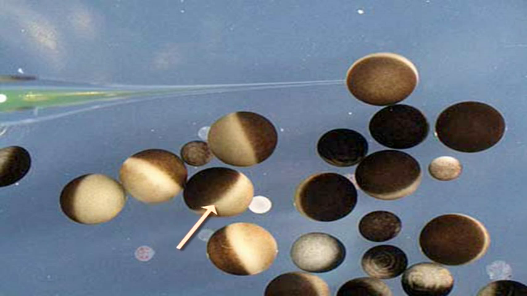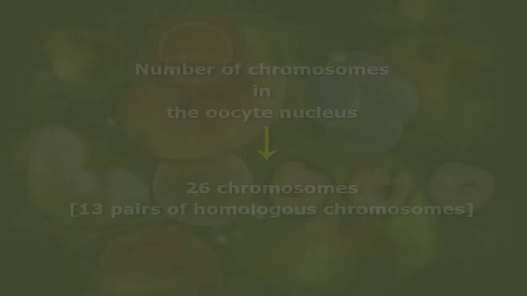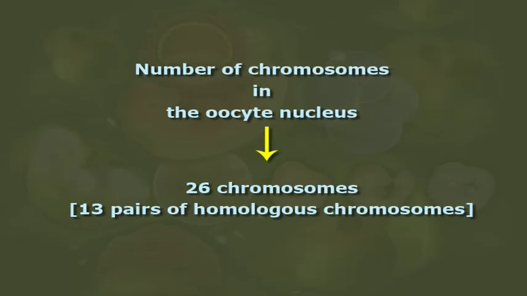The pigment is probably a metabolic byproduct of the oocyte. The yolk is heavily deposited only in the lower half. The less yolky upper half is called the animal hemisphere and the more yolky lower half is called the vegetal hemisphere. The number of chromosomes in the oocyte nucleus is 26, arranged as 13 pairs of homologous chromosomes.